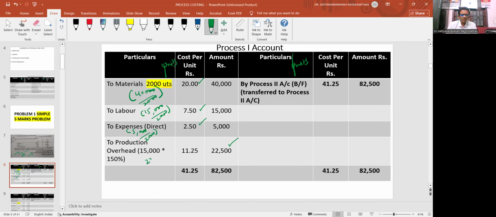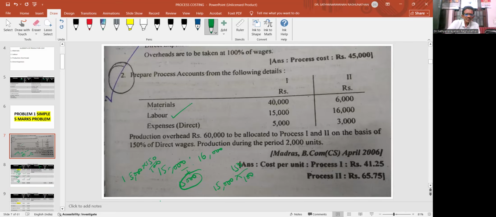This 22,500 divided by 2,000 is 11 rupees 25 paise. Okay, fine. Is there any information available?